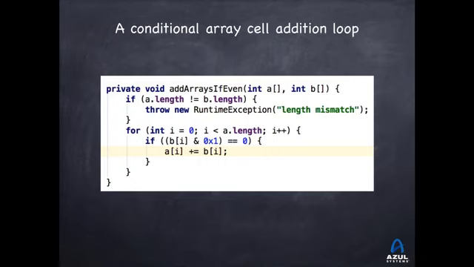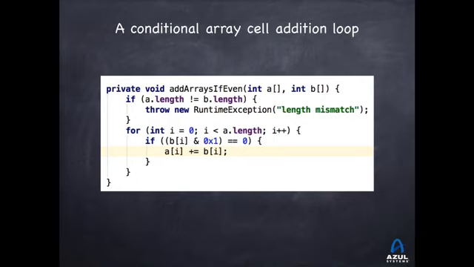We're very good in terms of checking that we don't have a difference in length, so we'll make sure that we have the same length for our arrays. Then we'll have our loop, but this time we're going to execute an if statement to test whether we have an even number. If we have an even number, we'll add that to the equivalent element in the first array.